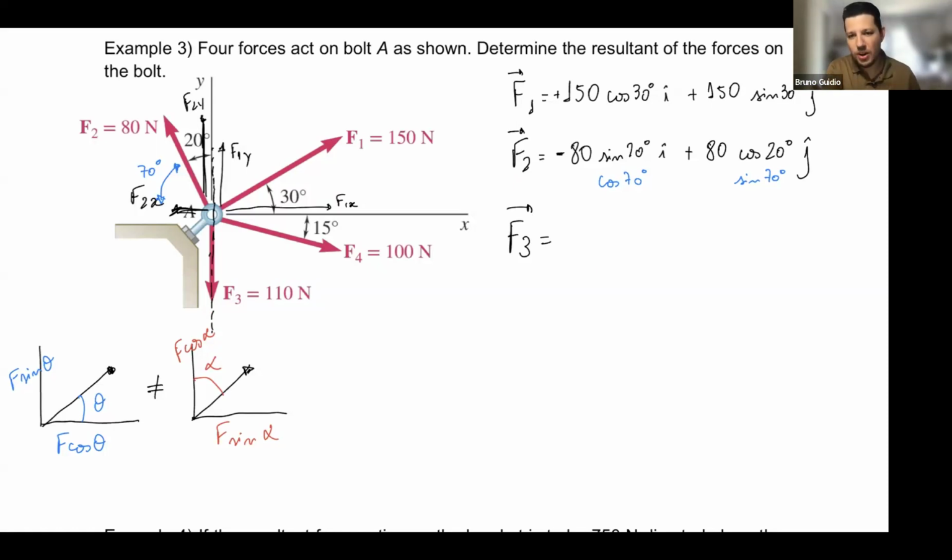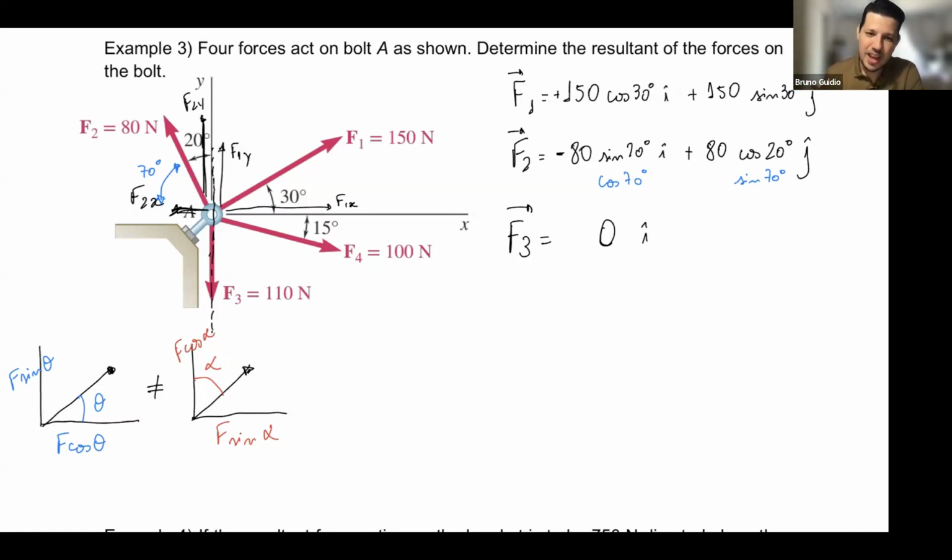What is the x component for this one? None. 0. This is 0 i hat. We don't have an x component because all of the vector is on top of y.